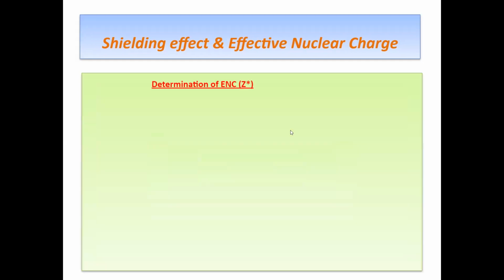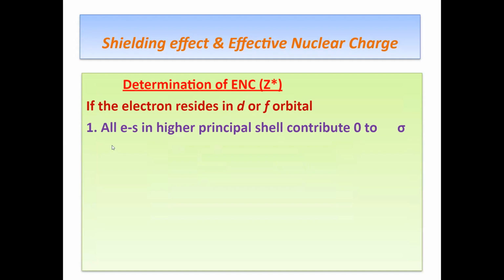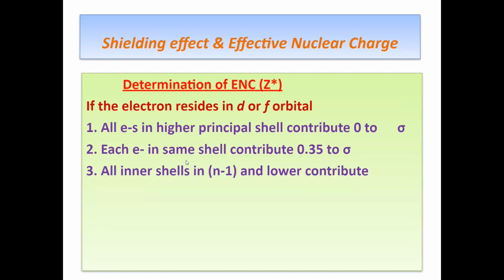In case of D and F orbitals, this is for the electron residing in a d or f orbital. All electrons in a higher principal shell contribute 0 to sigma. These are the electrons for which we need to find the effective nuclear charge.